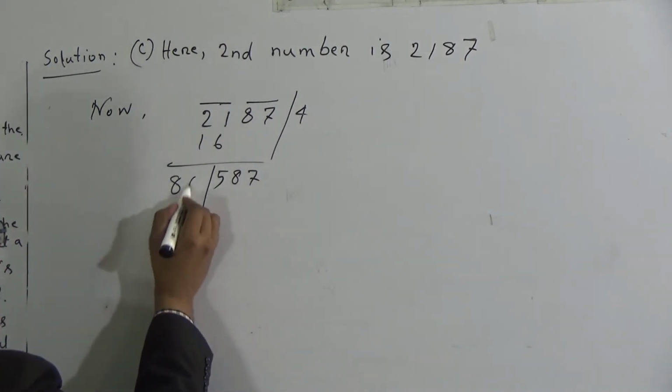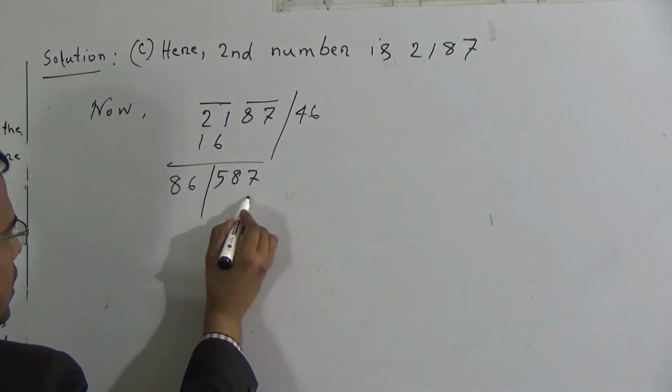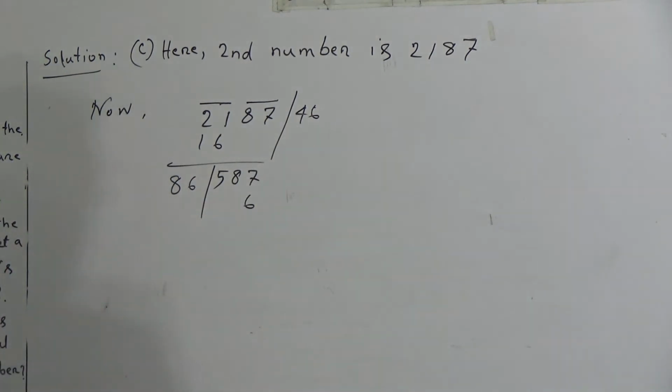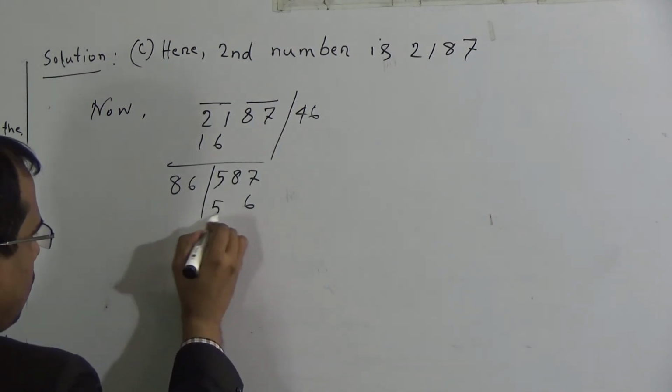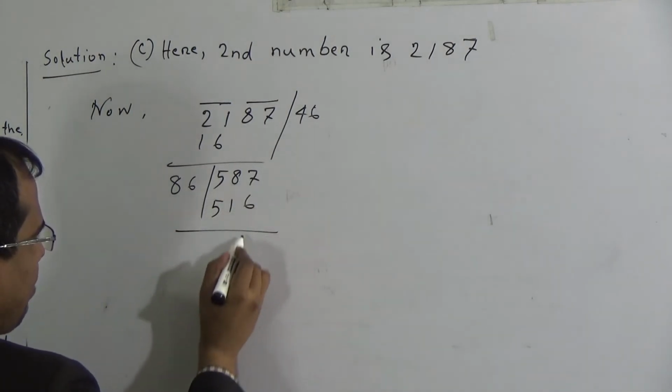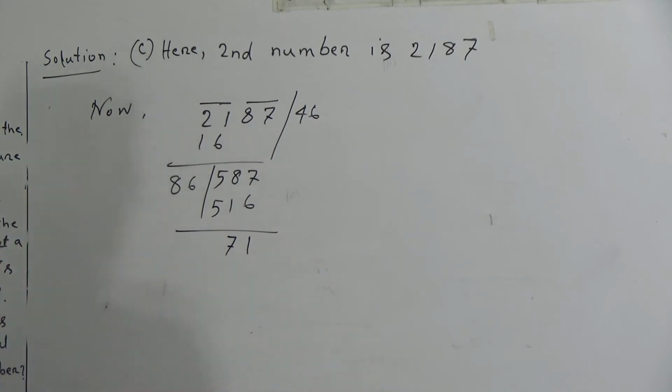If we take 6 here, then 6 6s are 36, 6 carrying 3. Now 8 6s are 48. 48 plus 3 equal to 51. If we subtract, then 7 minus 6 equal to 1 and 8 minus 1 equal to 7. That means the remainder comes 71.